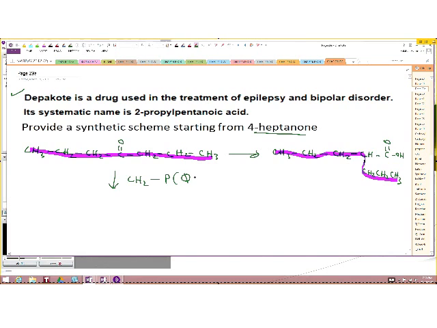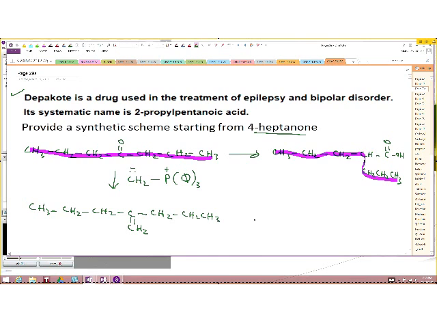Sometimes we use this to represent benzene. So triphenylphosphine, this is a Wittig reagent. If you do that, then we'll get this. Then what do you do after this?